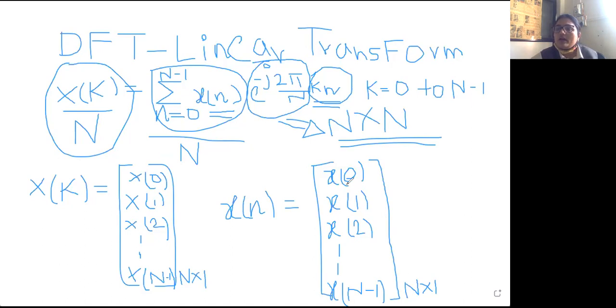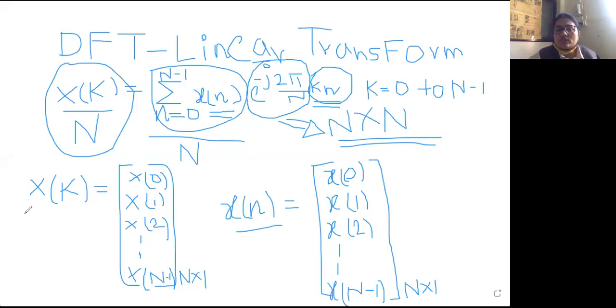Here again I have n number of samples, and those n values are the first value, the second, the third, and likewise the nth value. So the size of this matrix is n by 1.